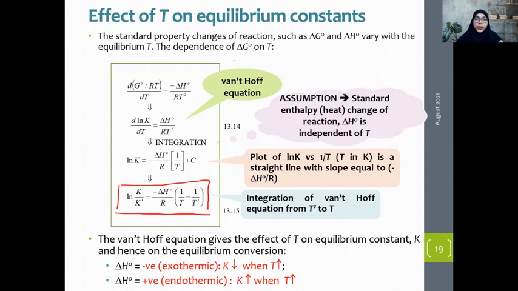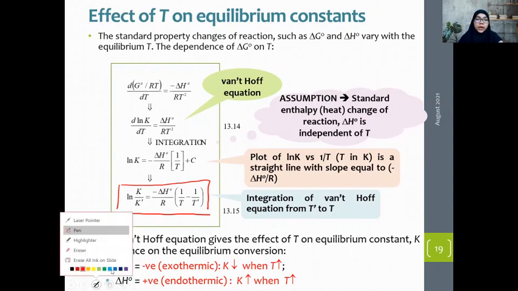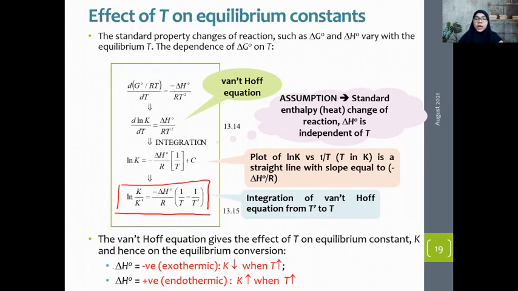Okay, when we talk about the delta H or the delta enthalpy, we may relate it to whether it's endothermic or exothermic depending on the sign. So if we have a negative sign of the value, that means we have exothermic, that means we release heat from the system.